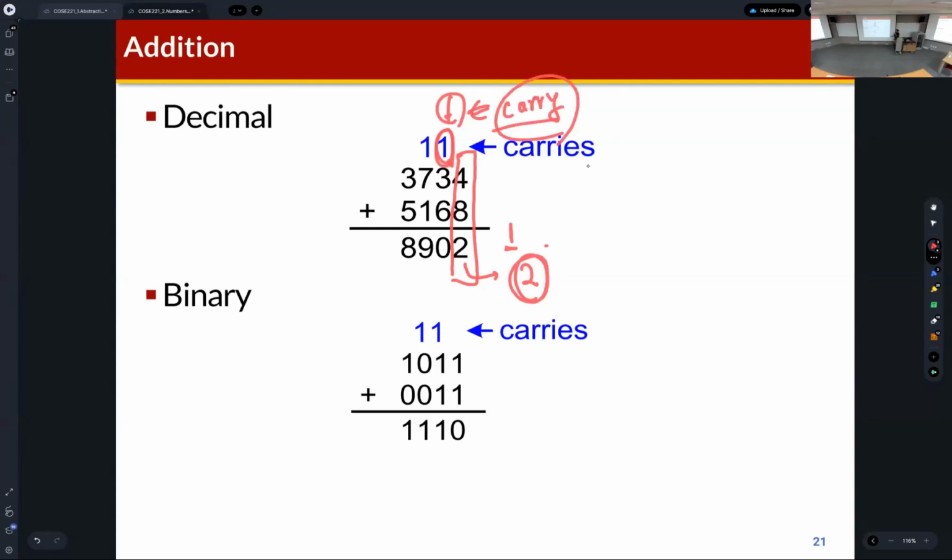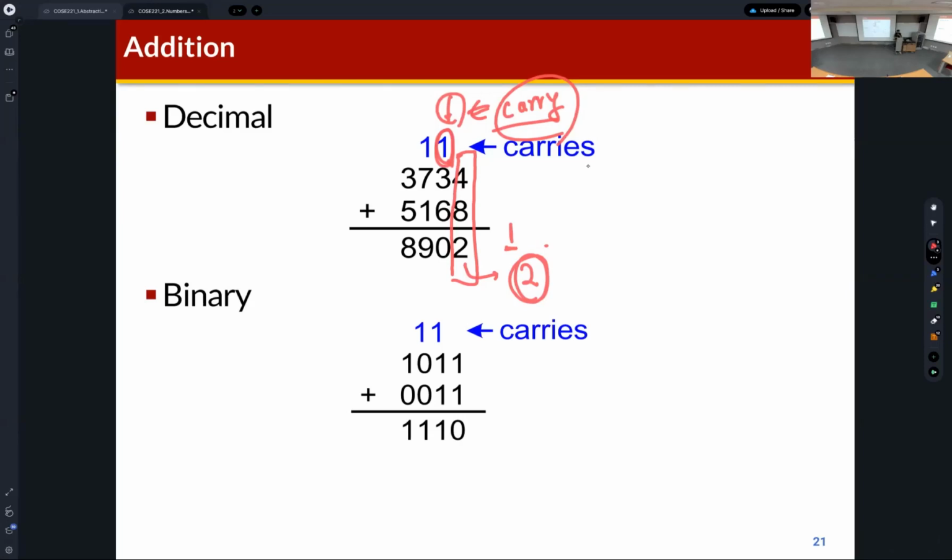When you perform the addition for 4 plus 8, of course the magnitude of the result is larger than 9, so we cannot represent this number. So the additional 10 is delivered to the next digit, and this number is called a carry.